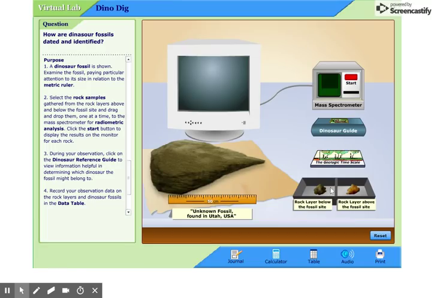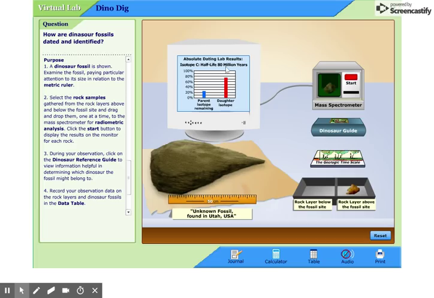To do that, I'm going to look at these rock samples from the layer below and the layer above the fossil. To test them, I drag it to the mass spectrometer and I hit start, but I know that's going to make quite a noise, so I'm going to mute my audio.